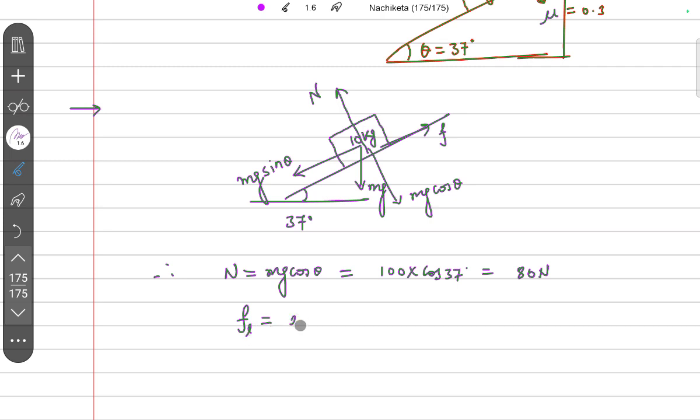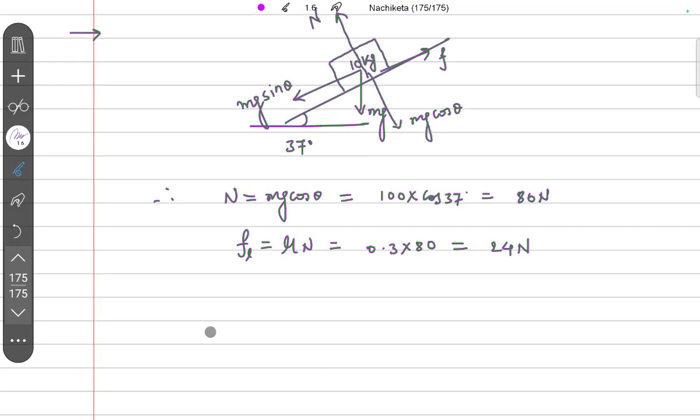If limiting friction is mu into N, or you can say the pulling force is what? Nothing but mg sin theta. That will be equal to how much? 60 newtons.